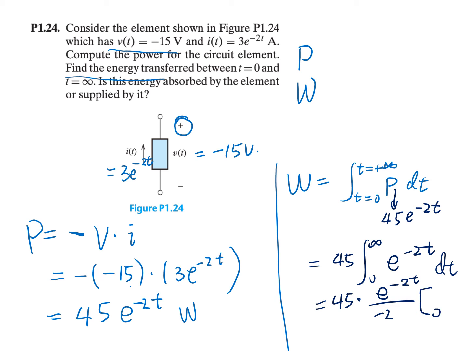And we can substitute in 0 and positive infinity. At infinity this is going to be 0, and at 0 this is going to be 1. So we have negative 45 over 2 times 0 minus 1. And that is 22.5 joules.